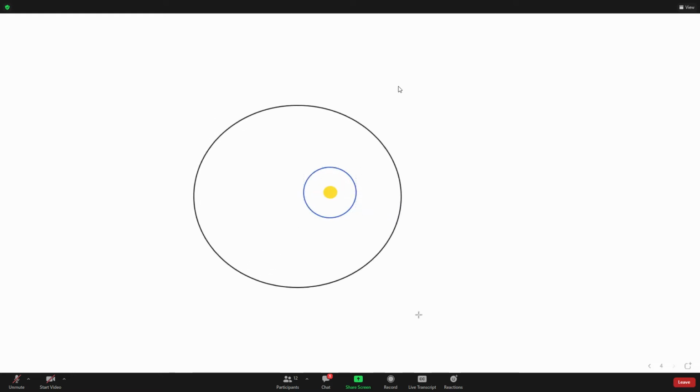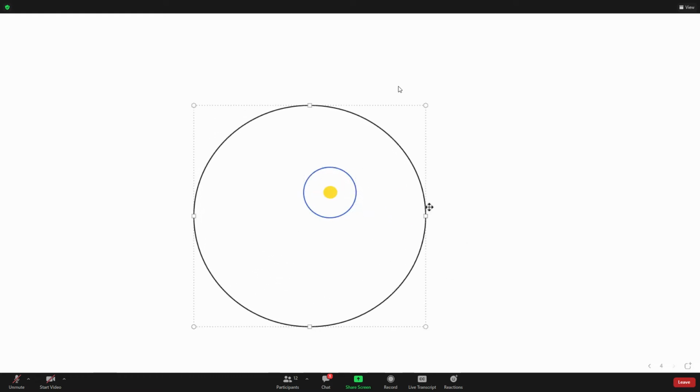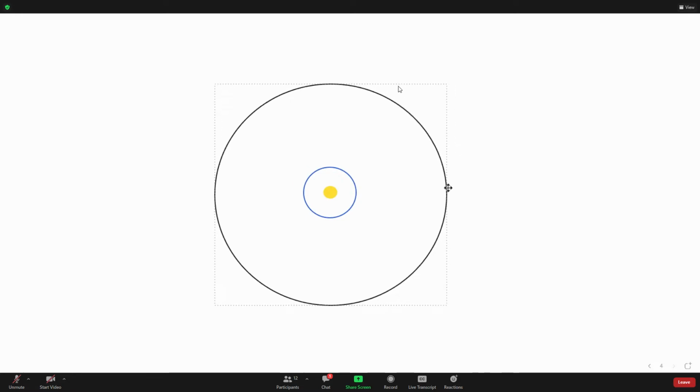We have the orbit of Earth right here. And then we have the orbit of Saturn. Okay, now we need an orbit that connects these two.